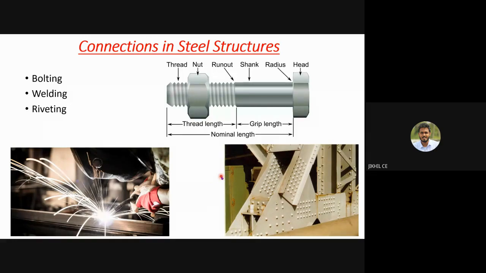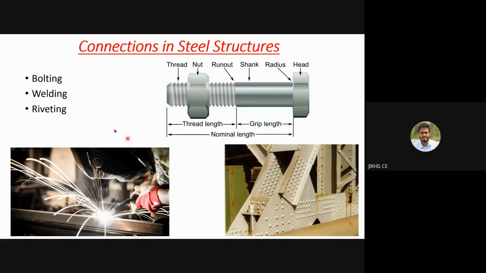Cold form steel sections are basically sections made by bending of the steel sheets. Once you make a sheet from the steel and bring it to the factory, and you bend the element into different configurations at room temperature, it is called cold form steel.